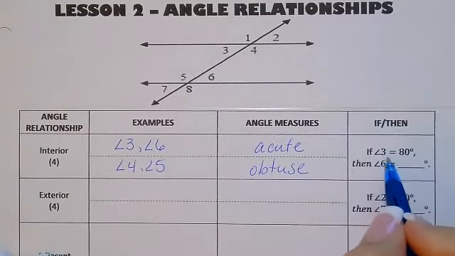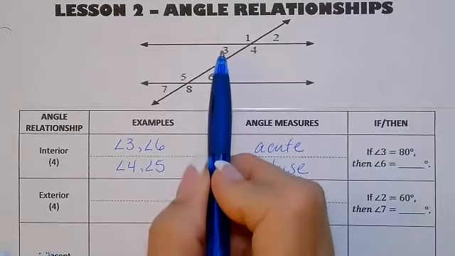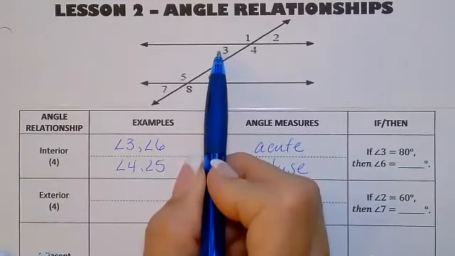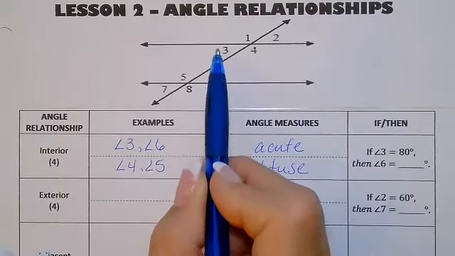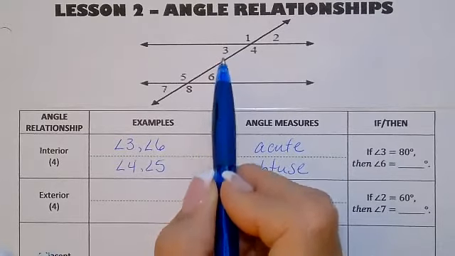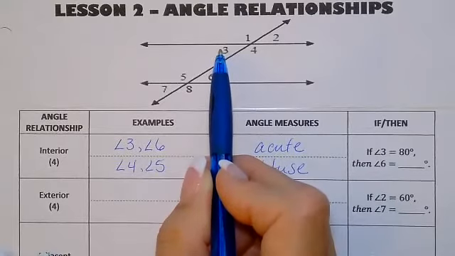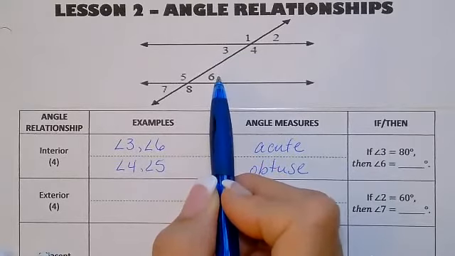So if angle 3 is 80 degrees, then angle 6 equals what? So if angle 3 is 80 degrees, then angle 6 must also be 80 degrees because both of them are congruent. They are acute. If this one is 80 degrees, then this one is 80 degrees.